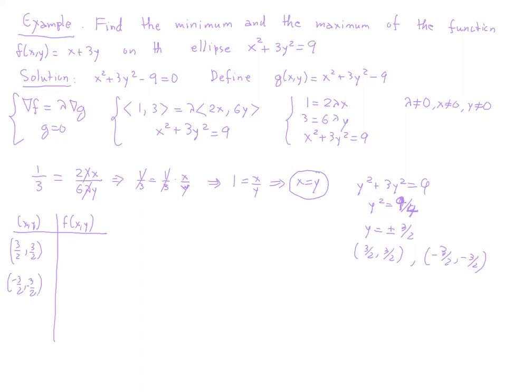So we're going to get 3 over 2 plus 9 over 2, that will be 12 over 2, also known as 6, and here we will get negative 6. So this will be the maximum, and this will be the minimum.